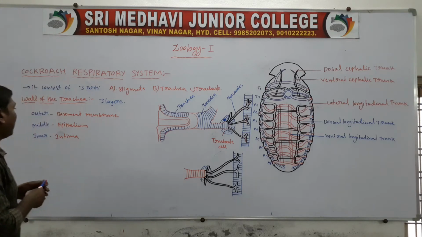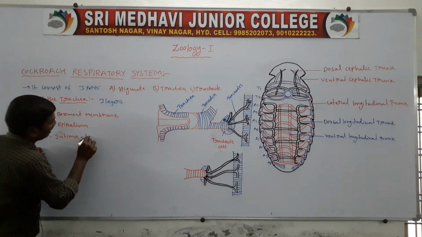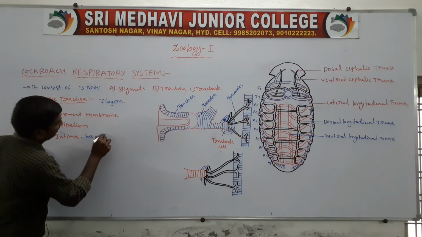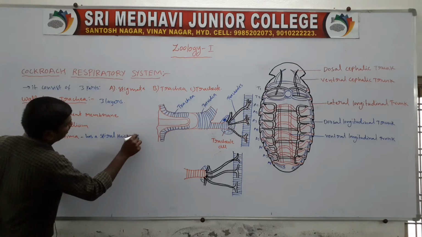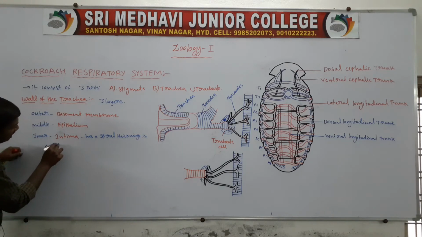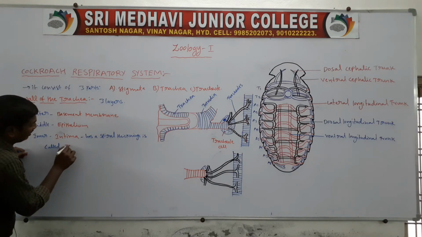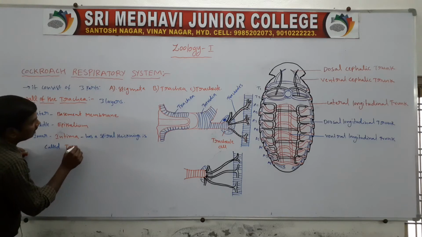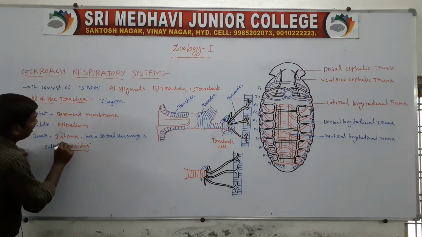The intima has spiral thickenings. The spiral thickenings are called ctenidia.